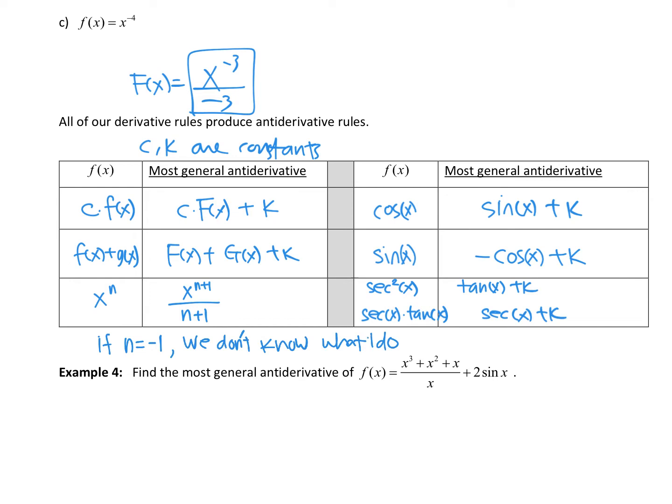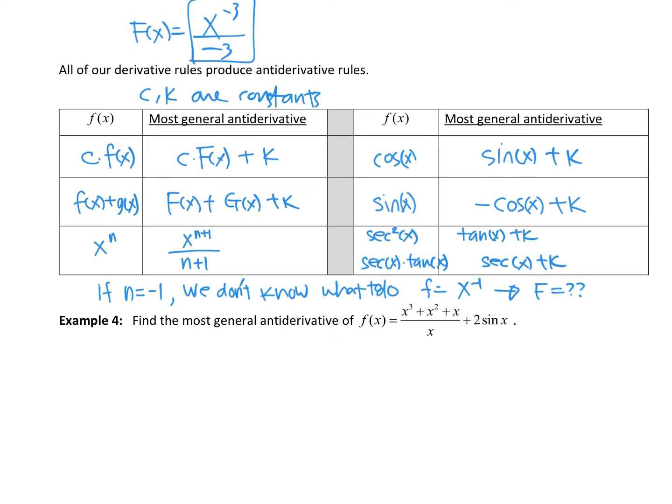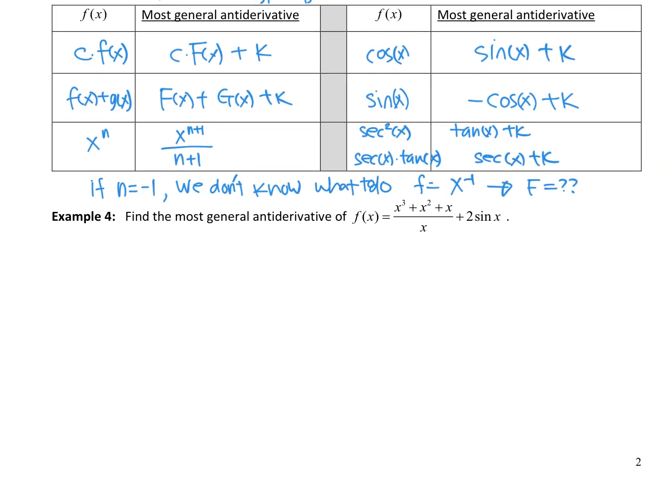For example, if you have x to the -1 power, I don't know what the antiderivative of that is. What do I have to take a derivative of to get x to the -1 power? It's not a constant, because the derivative of a constant is just 0. We will deal with that in Math 5B.